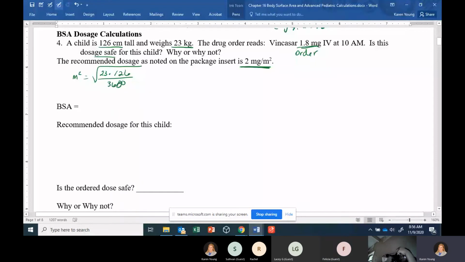Now, if you multiply the height times the weight, it doesn't matter because you're multiplying. You're going to get the same thing if you do 23 times 126 or 126 times 23. You're still going to get 2,898. Still going to divide it by 3,600.